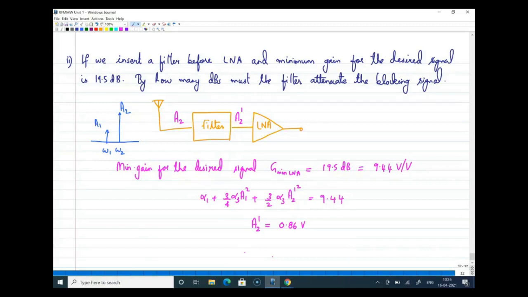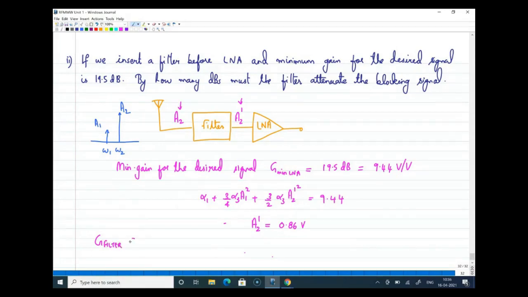Yes. Now, if 0.86 is A2 dash, the question is by how many dBs must the filter attenuate the blocking signal in order to have a minimum gain of 19.5 dB for the LNA. So, how many dBs must the filter attenuate the blocking signal? Blocking signal is A2 here and it is A2 dash. Now, the gain or the attenuation of the filter can be easily obtained. So, I'll write it as G of the filter.